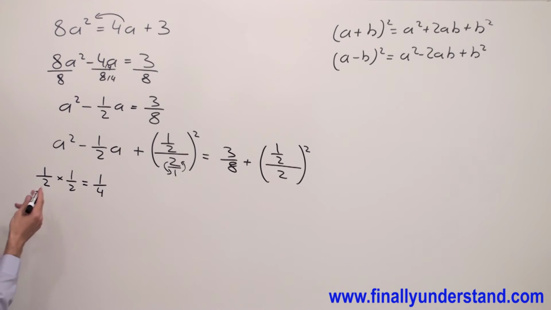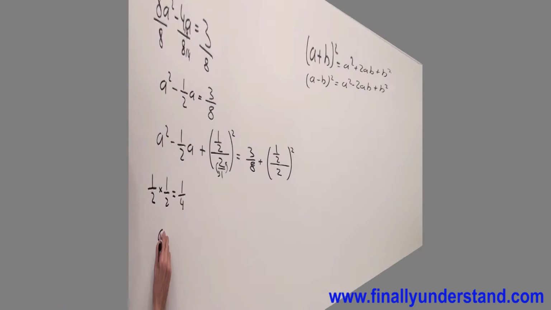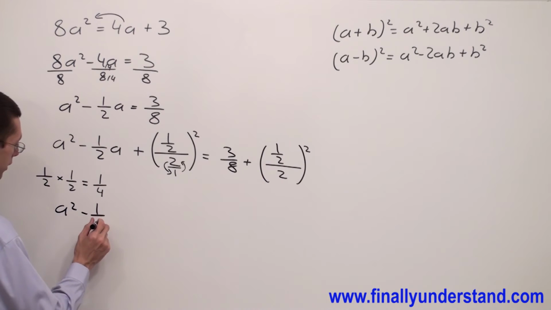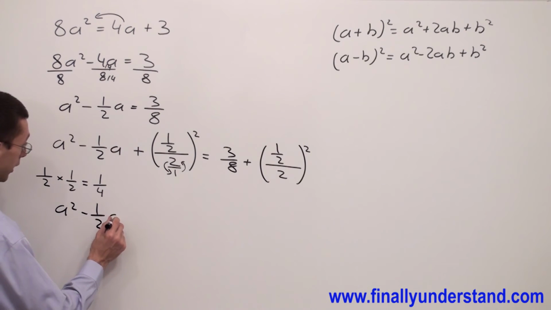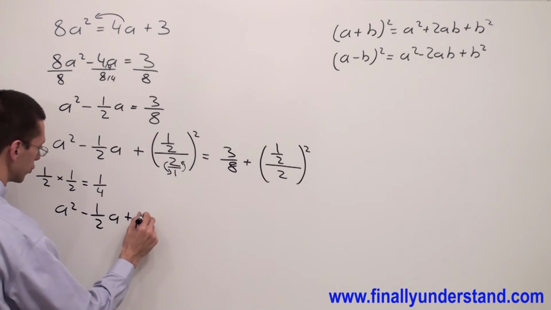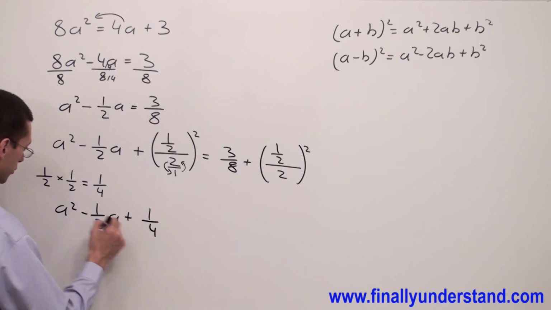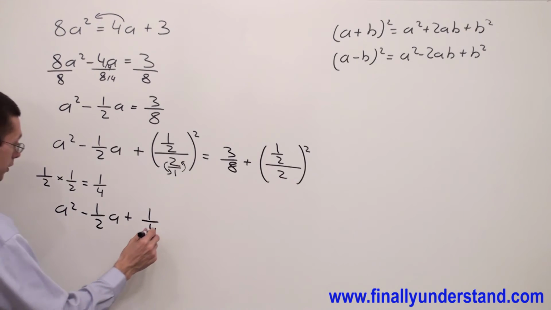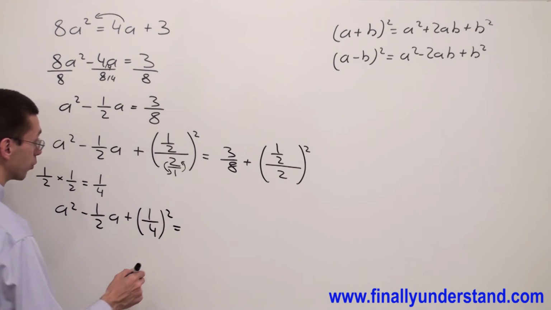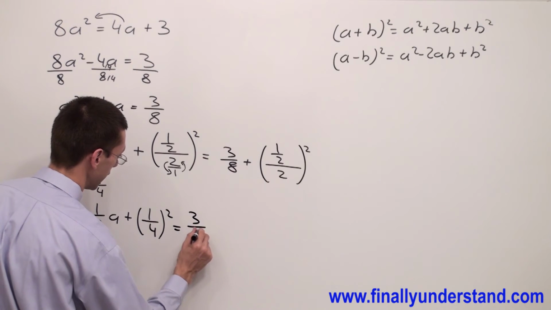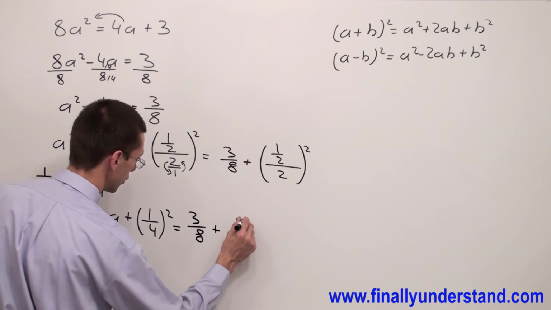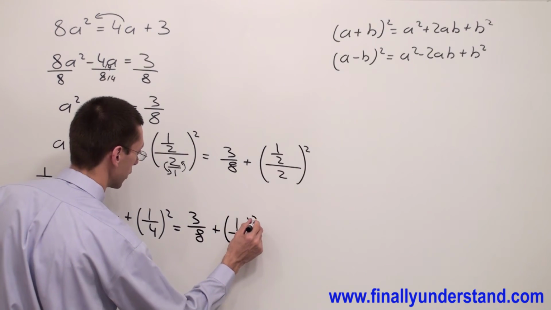That's why I can rewrite this equation as a squared minus 1/2 a plus, instead of these fractions, I'm going to write 1 over 4. Remember, we divide them, to the second power, equals 3 over 8 plus 1 over 4 to the second power.